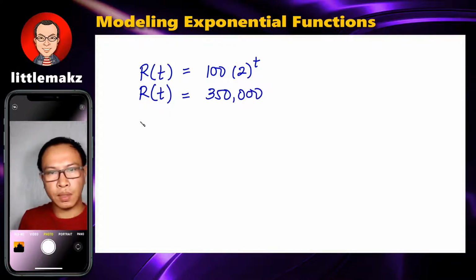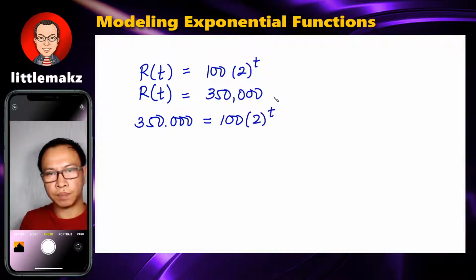So that means we could simply equate 350,000 to 100 times 2 to the power of t.